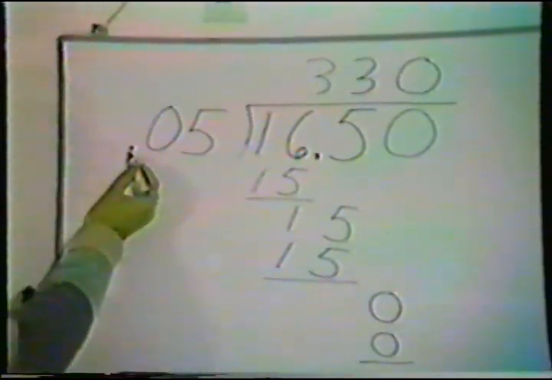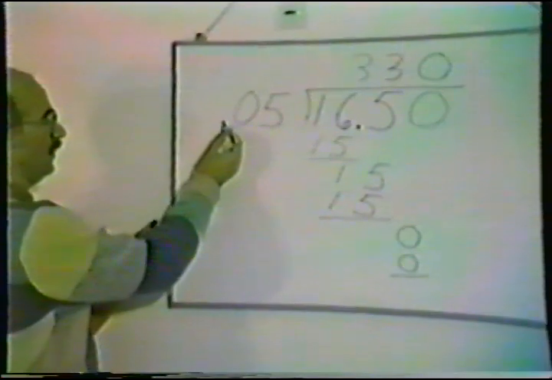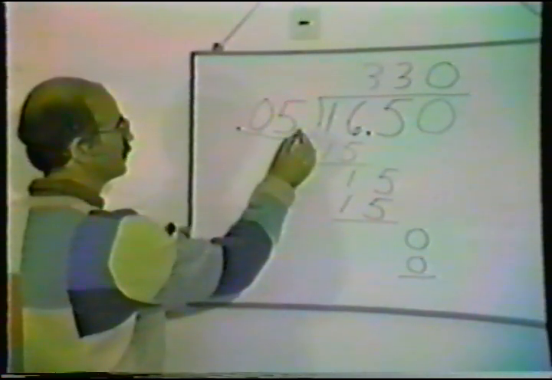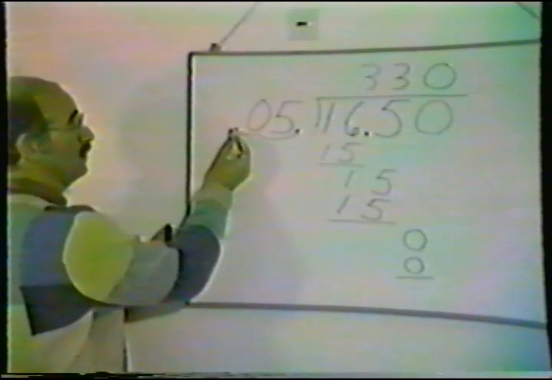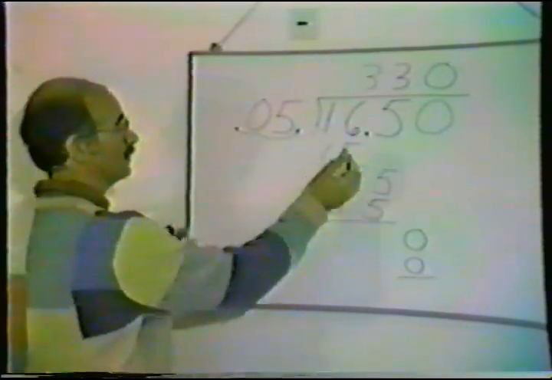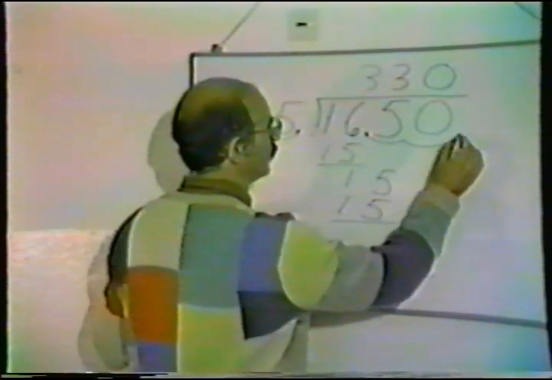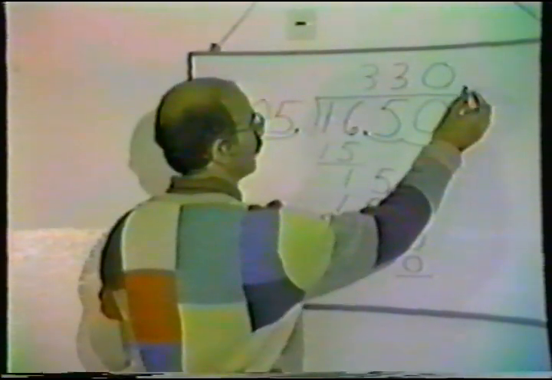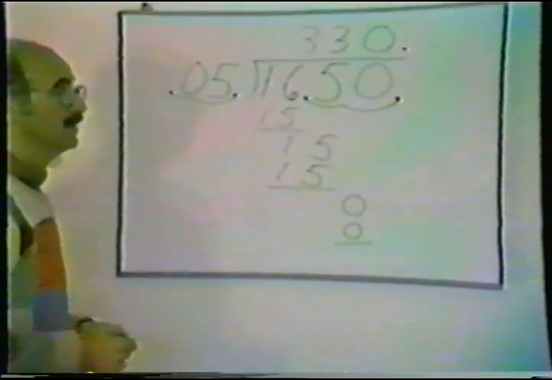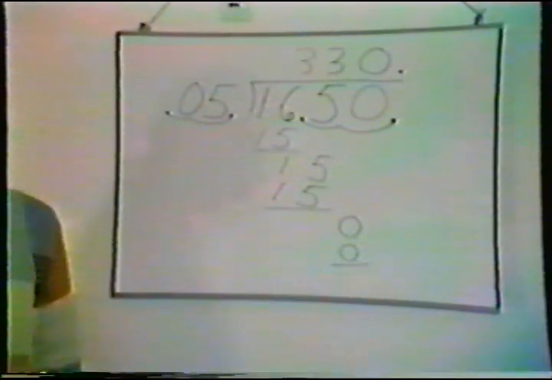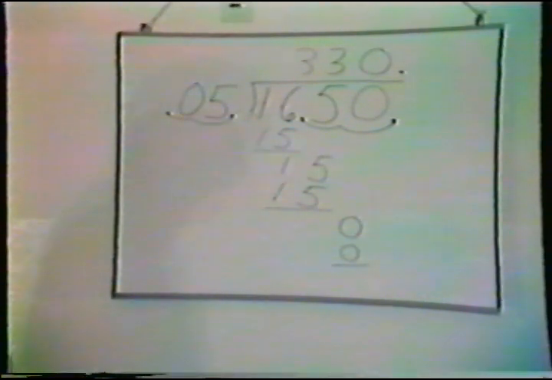Move it 2 places to the right. All the way to the end, which is 2 places to the right. If I move this one 2 places to the right, I also have to move this one 2 places to the right and bring it up. And it's just like the one we did before. What's the answer? 330.